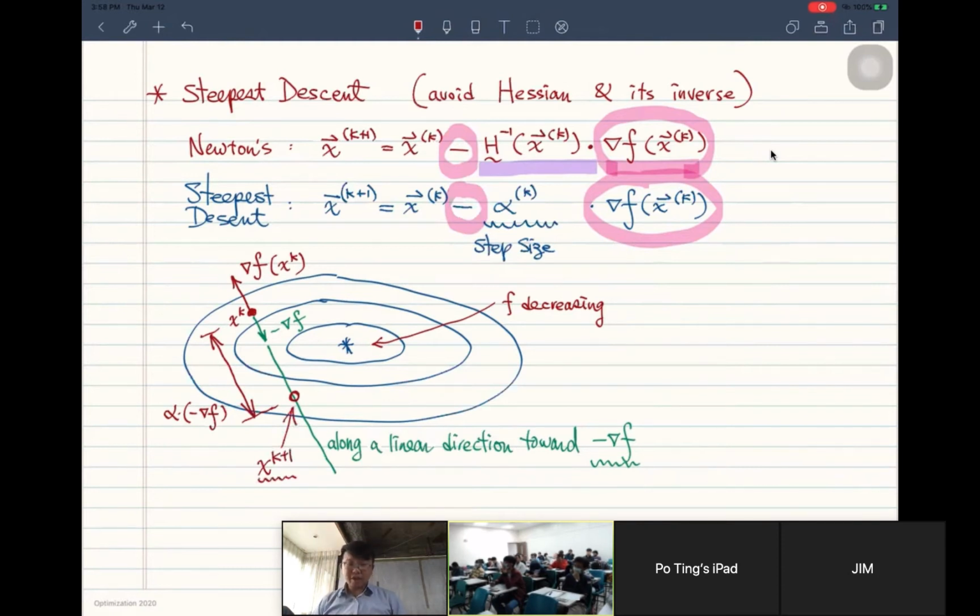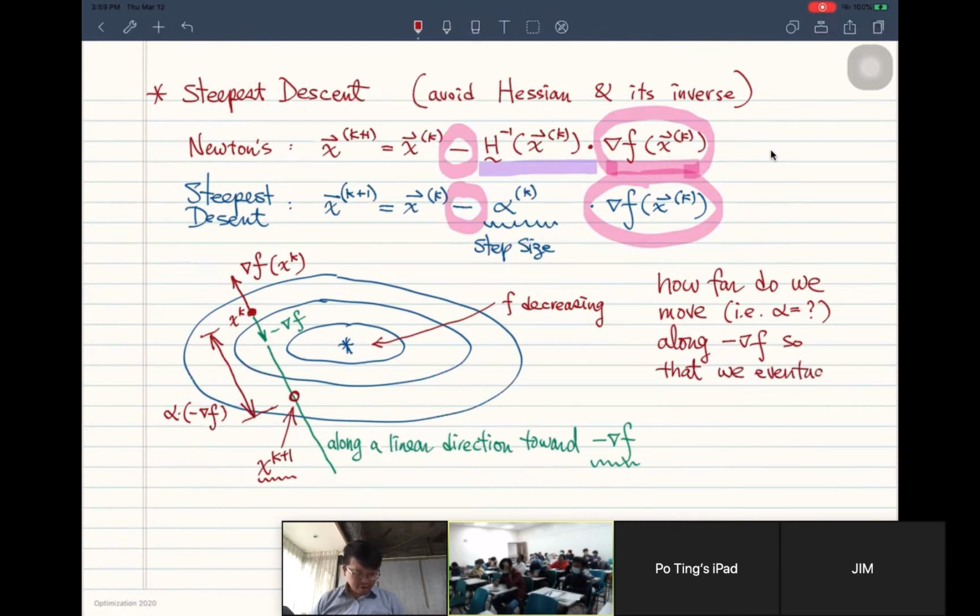So the important thing is how far do we move, basically what is alpha, along negative gradient, so that we eventually can find our optimal solution.